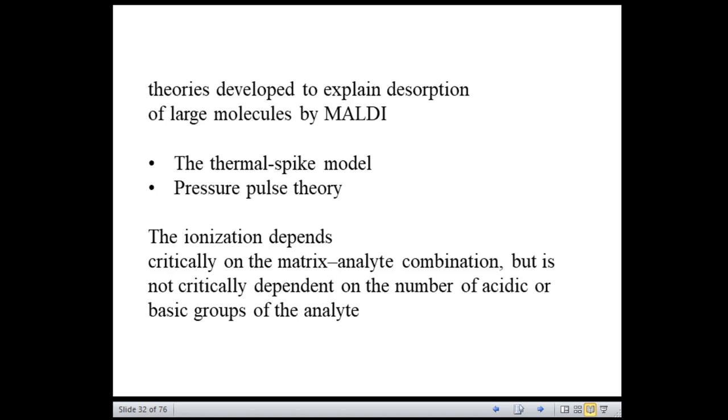That is the thermal spike model, where the local heat that is generated transfers the energy from the matrix to the analyte. And in pressure pulse theory, it is about a pressure gradient that is created. And we know that the ionization depends more on the matrix analyte combination and not on the number of acidic or basic groups of the analyte.